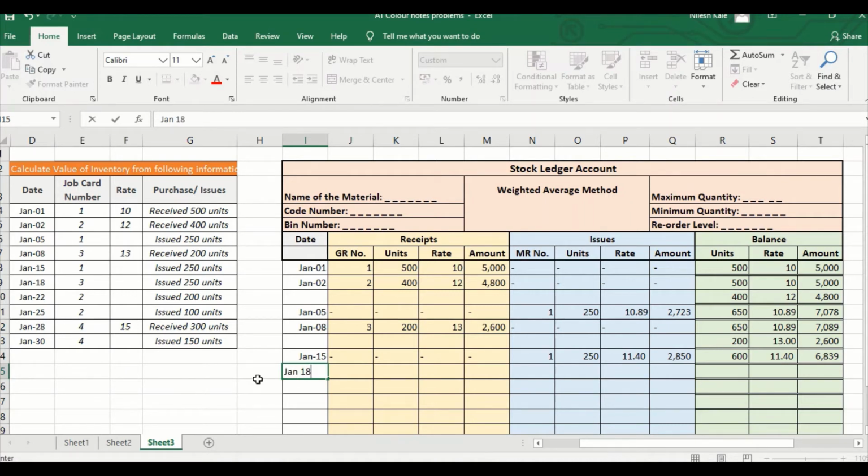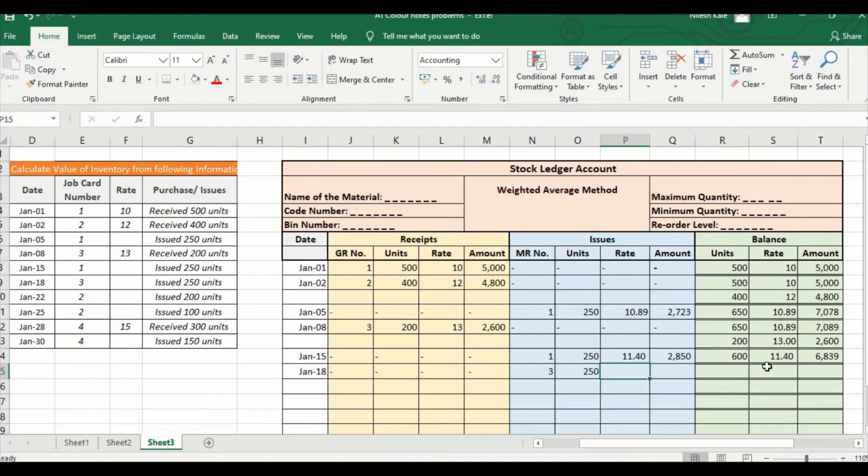As on June 18th, we have not received anything, but we have issued 250 units from job card number 3. Job card number 3, the price is 13, and the, no, I'm sorry, price I have to again calculate. How do I calculate? 11.40. There is only one balance. Can you see?